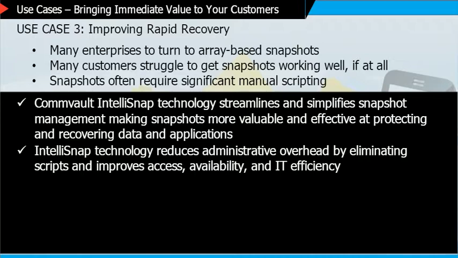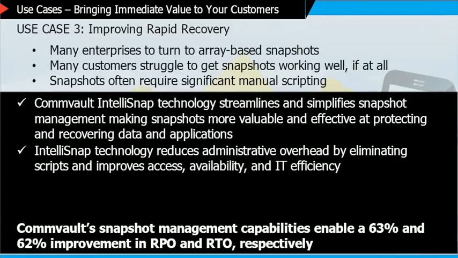This reduces administrative overhead by eliminating scripts and improves access, availability, and IT efficiency. Commvault's snapshot management capabilities enable a 63% and 62% improvement in RPO and RTO, respectively.